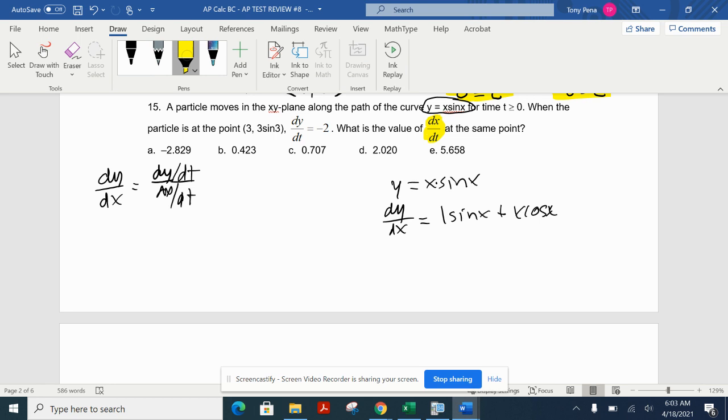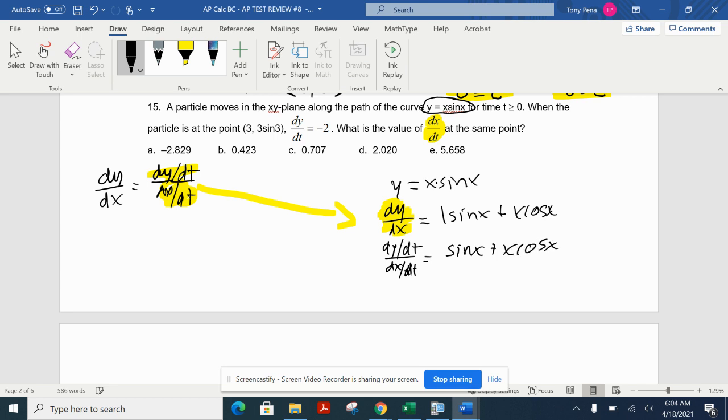What dy/dx is equivalent to, if we're talking parametrically, is dy/dt divided by dx/dt. So I'm going to substitute that in here. Instead of saying dy/dx equals the right-hand side, I'm going to say that dy/dt over dx/dt is equal to sine of x plus x cosine of x.